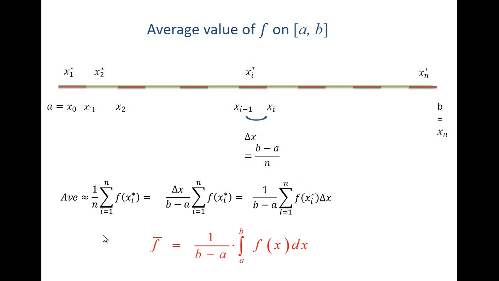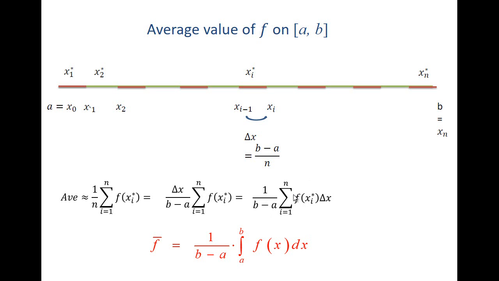So then we see that the average value of f on the interval from a to b would be equal to 1 over b minus a times the integral from a to b of f of x dx. So the definition of the average value of f on the interval from a to b is given by the limit of this sum. If I take the limit of this sum as n goes to infinity, that's the definition of the average value of f.